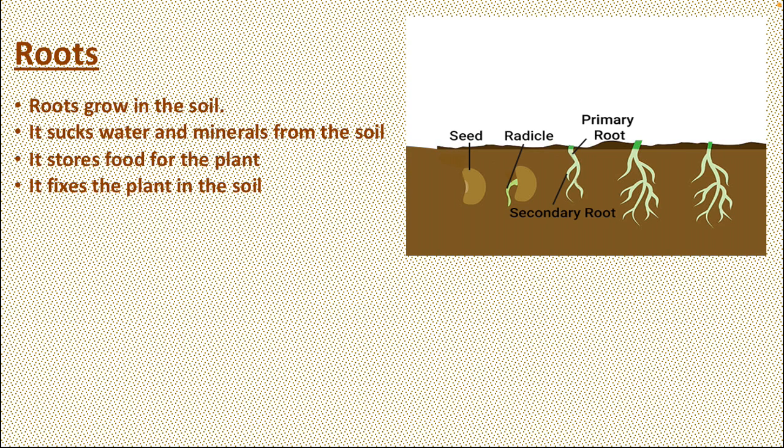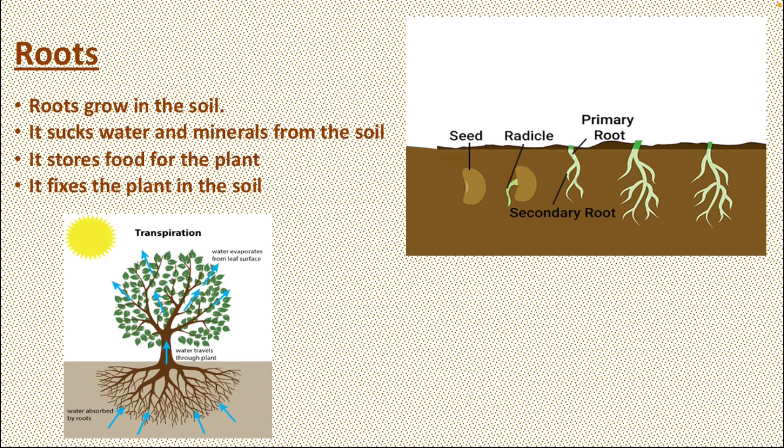It sucks water and minerals from the soil. It stores food for the plant. It fixes the plant into the soil. As I have told you, it fixes the plant, holds it upright and makes it firm.